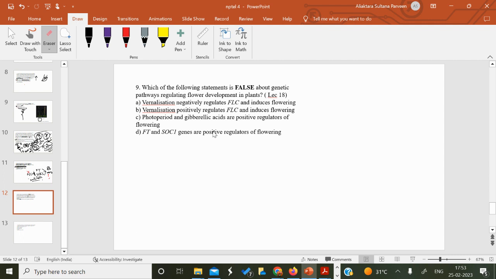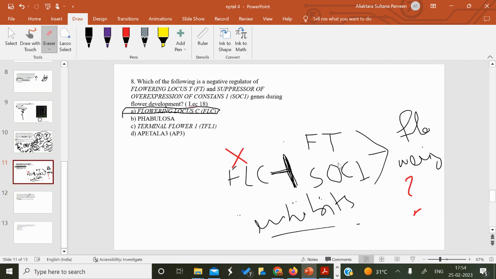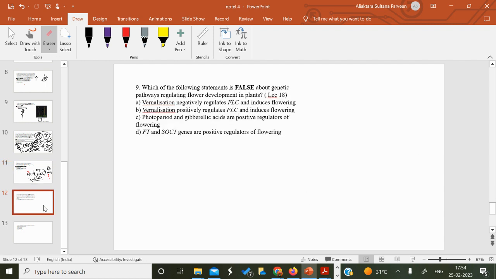How does it happen? This FLC gene, as we saw, negatively regulates flowering by inhibiting some of the flowering-inducing genes. So this cold temperature negatively regulates, or suppresses, FLC so that flowering can be induced.